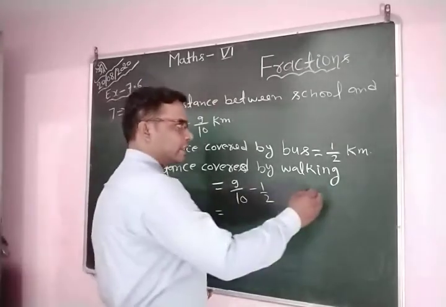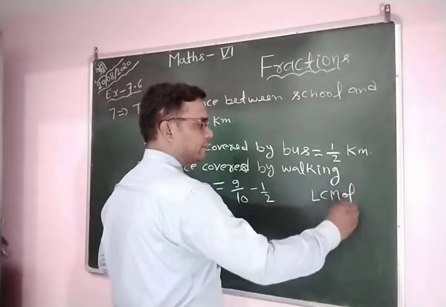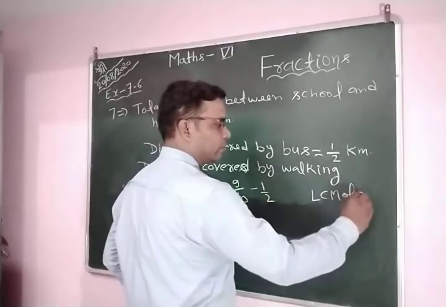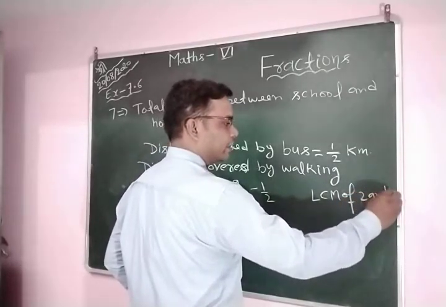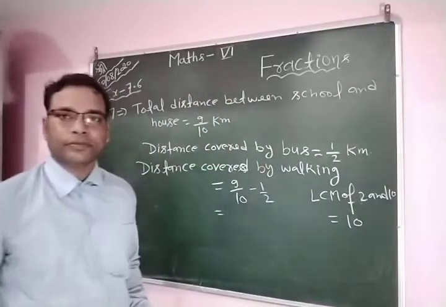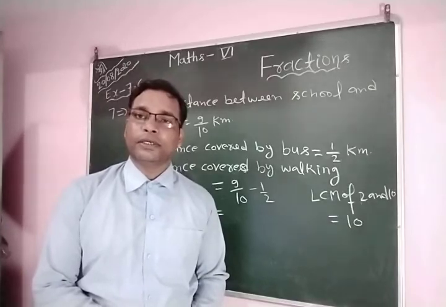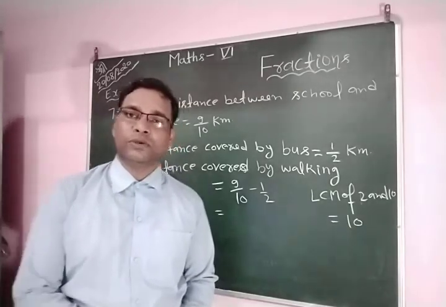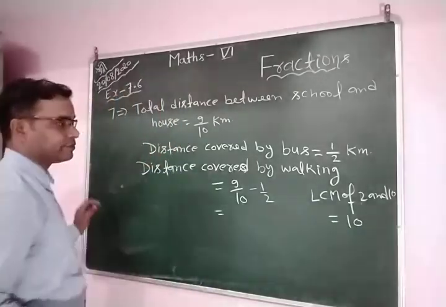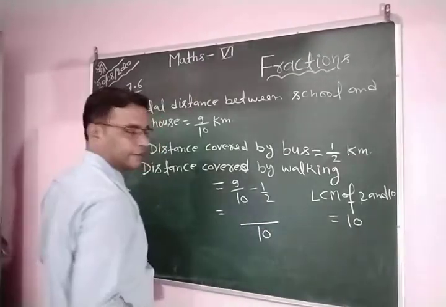Okay, so you can write LCM of 10, 2 and 10 is equal to 10 because LCM of 2 and 10 is 10, because 10 is the multiple of 2. So here you can write this is 10.